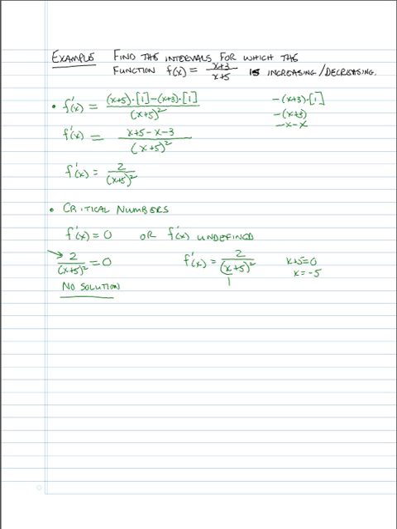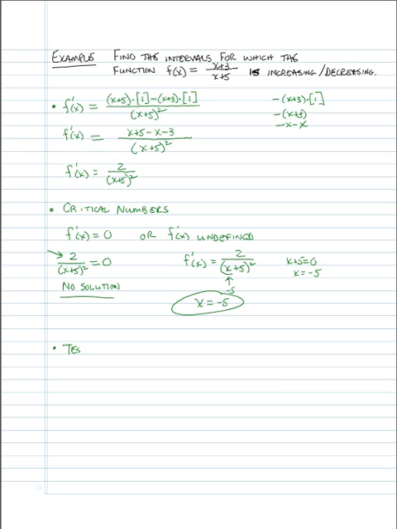If we put a negative 5 right there, then we get 0 squared on the bottom, which is 0. So it's undefined when x is negative 5. We're going to have more cases where we have more than one critical number, but in this case we have one single critical number again. Okay, there's our critical number that it didn't ask for, but now we're going to test, aren't we?